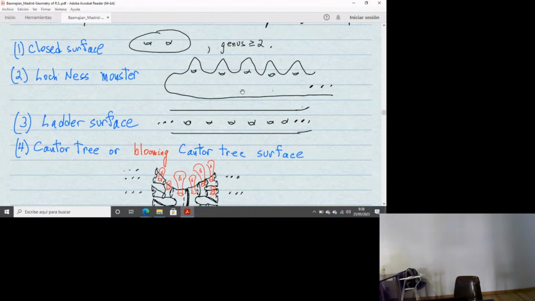Or it could be a Cantor tree surface, which means if you take away the red for the moment, these are just, you can think of these as pairs of pants glued on one and the other, and the end space is a Cantor set. Or the other thing it could be is a blooming Cantor tree, which is just attach a handle in each one of the pairs of pants.